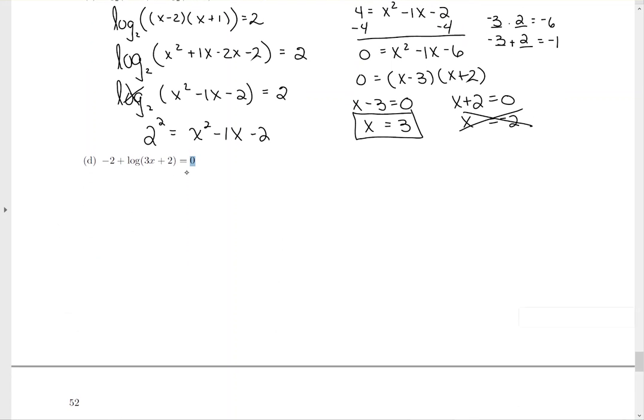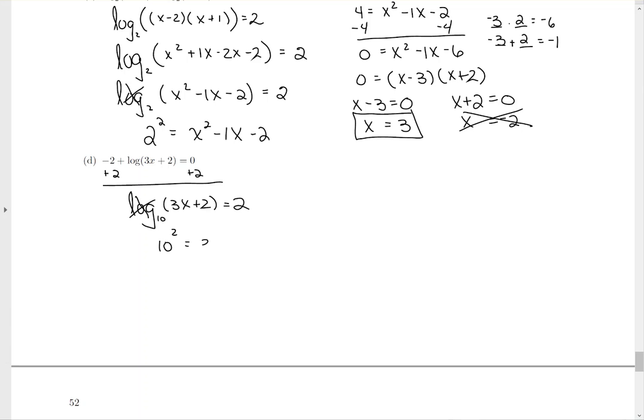And the last one on this page only has one logarithm, but it's not by itself. So I have to add 2 to both sides, keeping in mind that the base is 10. Now this is a little bit easier problem because all I need to do now is just drop the log, bring down the 10.